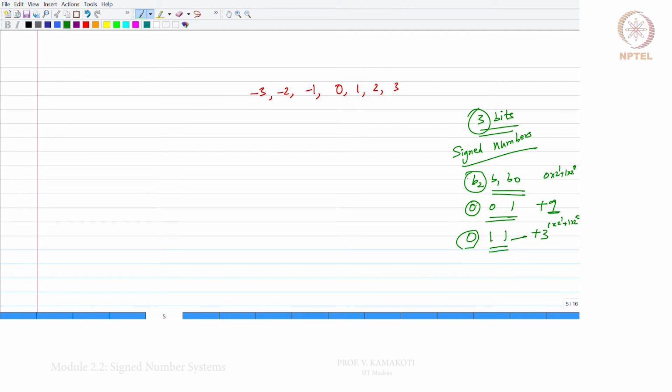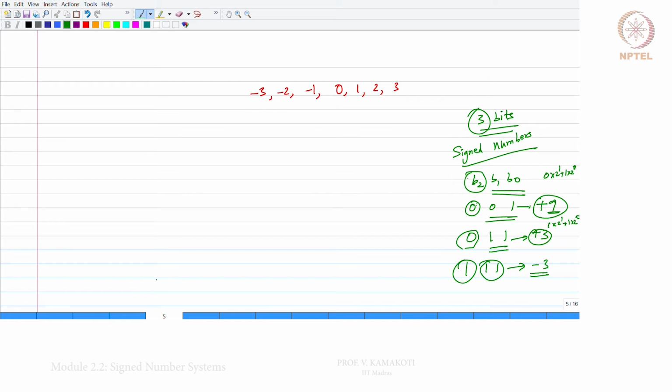So, this will represent plus 3, this will represent plus 1, and so on. Suppose I put 1, 1, 1, then in some sense this can represent -3 also, right.